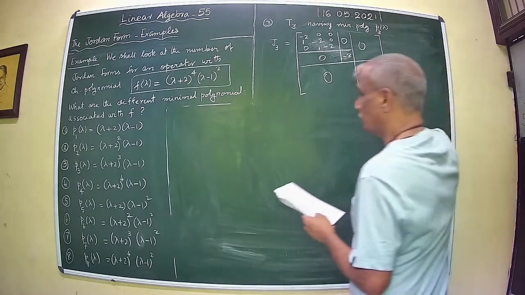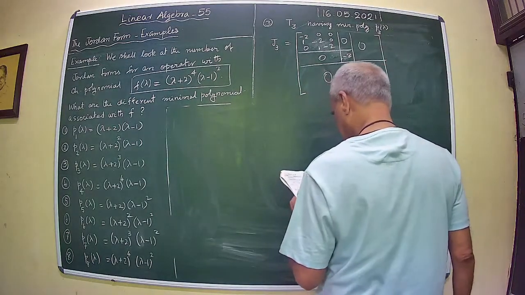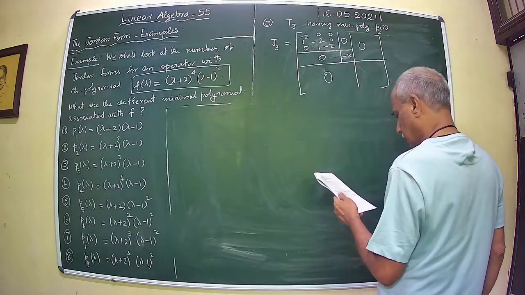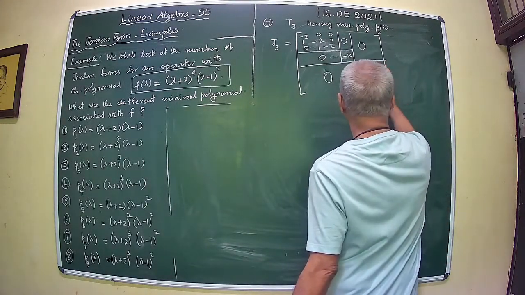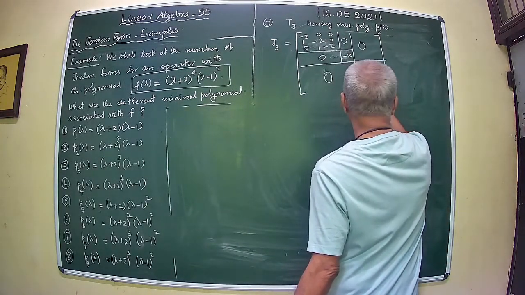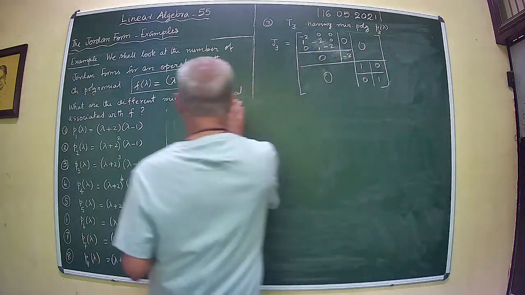And in this case, of course, whatever we had been getting, namely that this is equal to 1, 0, 0, 1, this one.